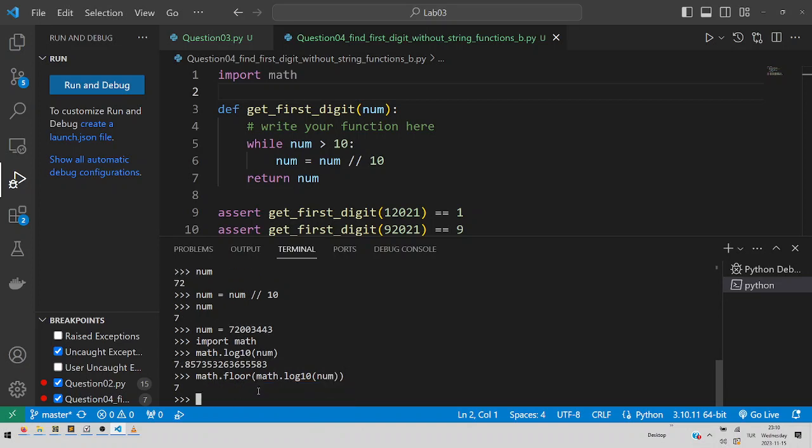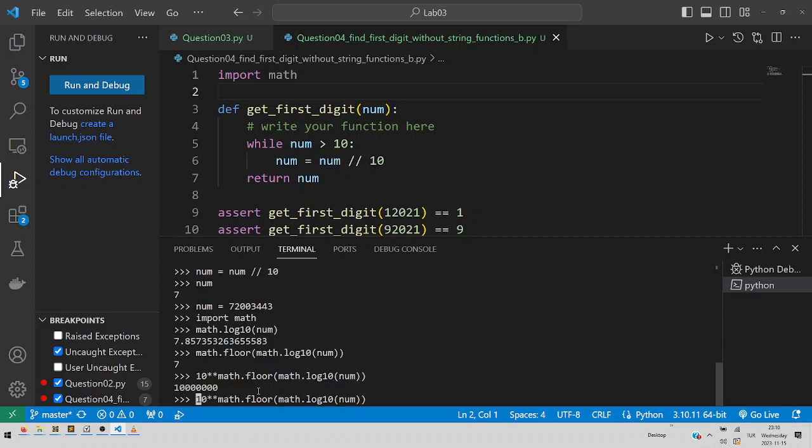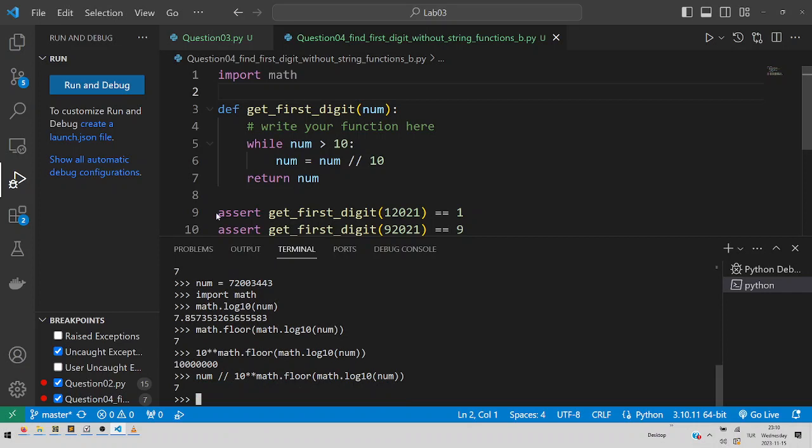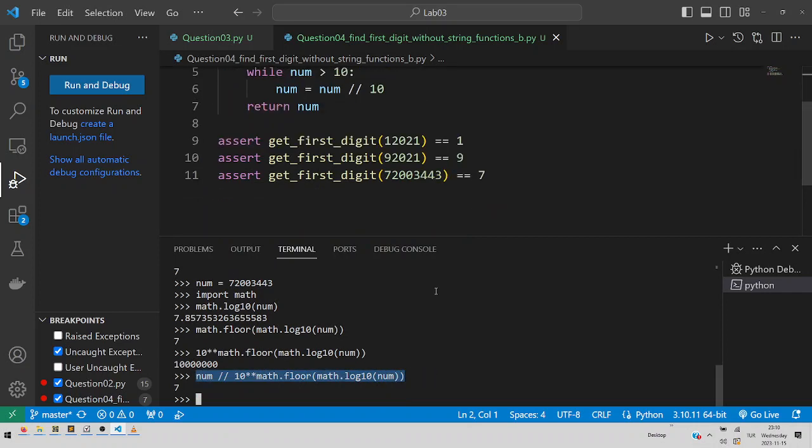Then I can also use the power, and num divided by this one gives me the same number. It's 7.